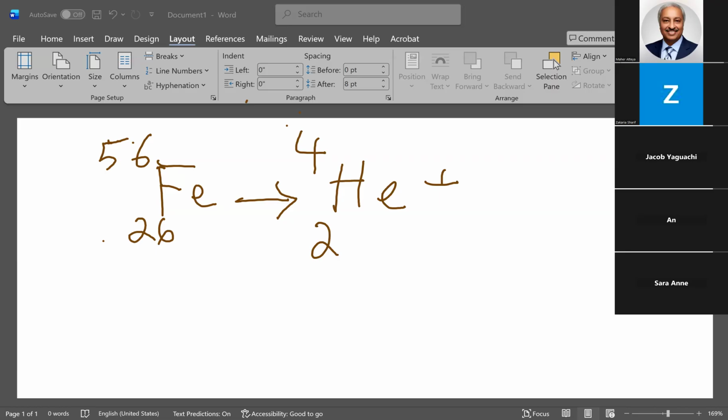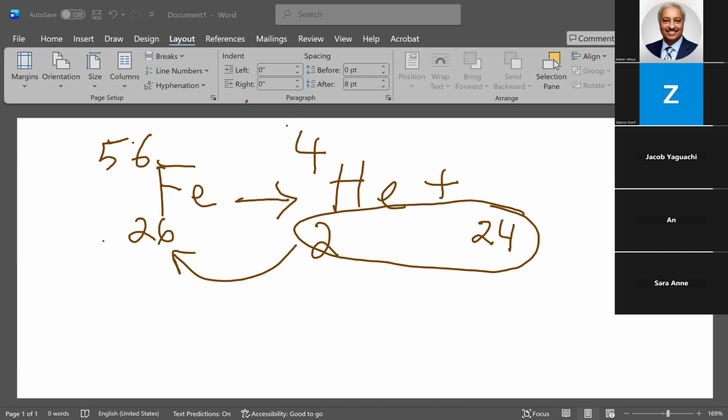So what will be the element? How much atomic number? It's 24. Perfect. Why 24? Because you add the atomic numbers.